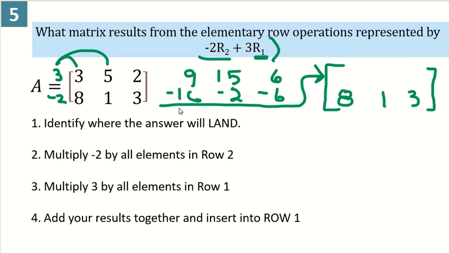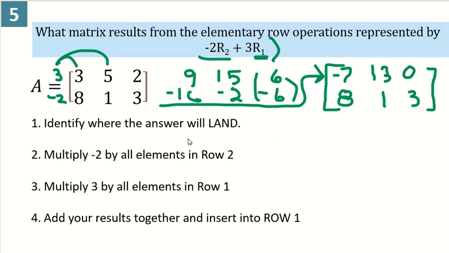So negative 16 plus 9 is negative 7. And then 15 minus 2 is 13. And then 6 take away 6 is 0.